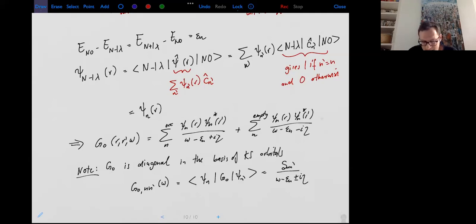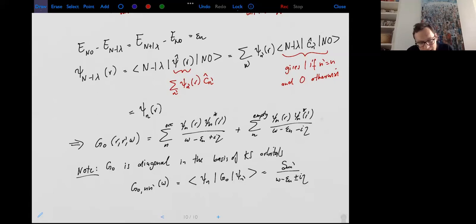So if you're interested in the Green's function at a particular frequency, let's say a frequency near the Fermi level, if you want to find the band gap, for example, then the correction that you get from empty states that are very high in energy will be quite small. But at the same time, you can see that this is a very slowly converging sum.